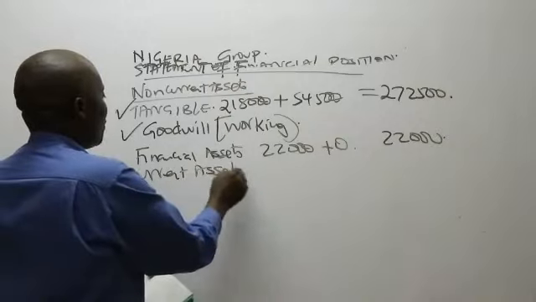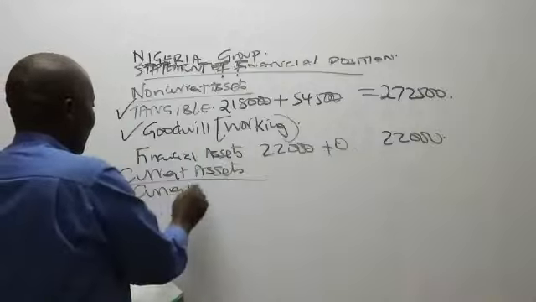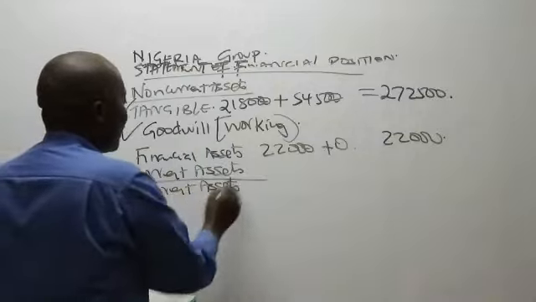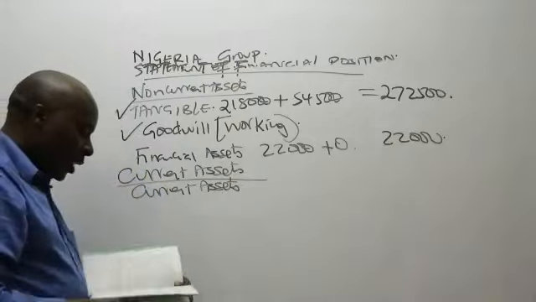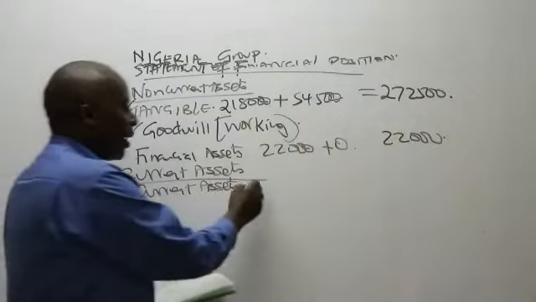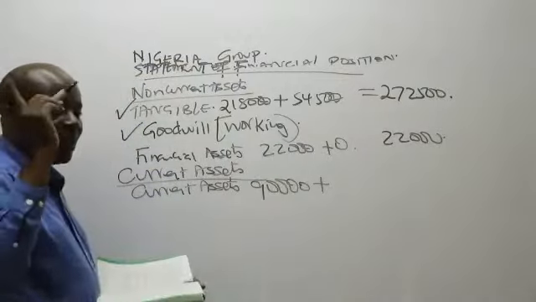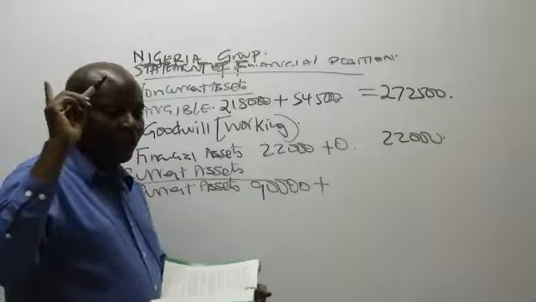From there now we have the current assets. They've only given me one name there, consolidated name. So current assets, I'll take the one of the parent, which is $90,000, plus the translated one of the subsidiary that we are done.